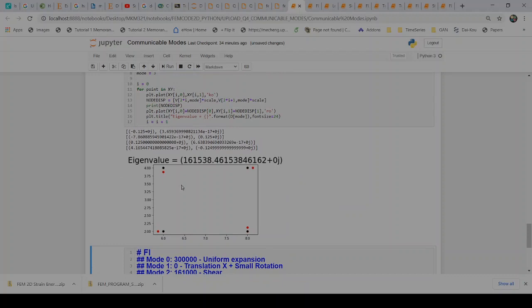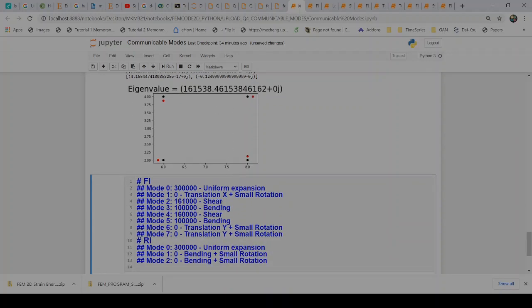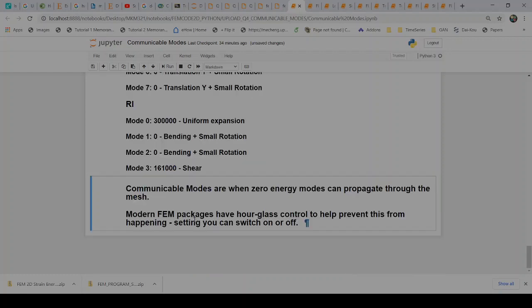Okay, so let's look at mode 3. This looks to me like the standard kind of shear that we had before. Look at that. It looks like pulling the thing like a shear, where it gets pulled like this and gets pulled like this. So I'd say mode 3 is a shear mode. And the energy is again 160,000, so nothing has really changed there. I think just put these as 1 because it's also the same values really.